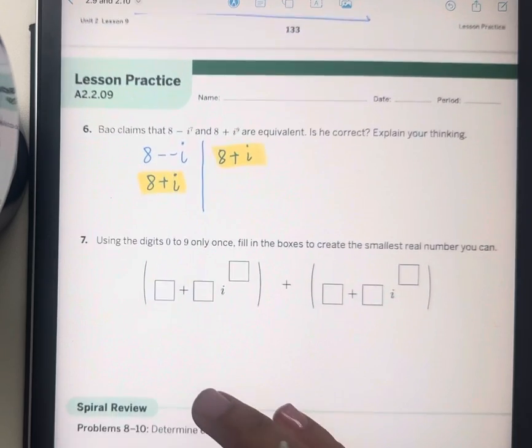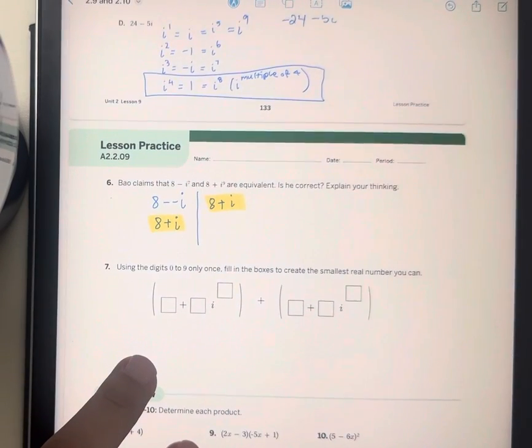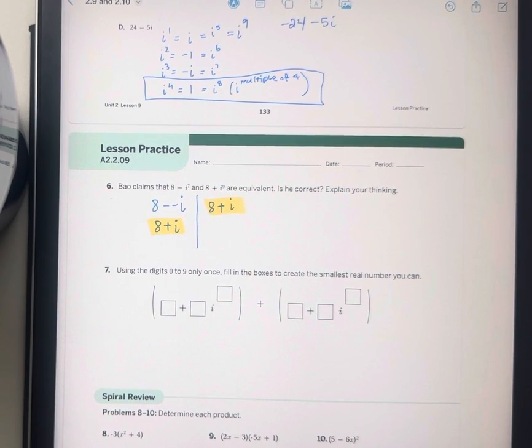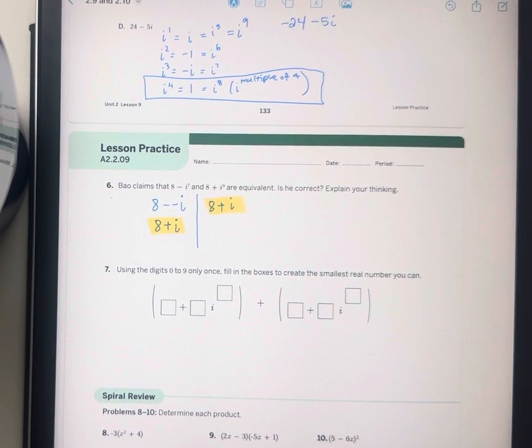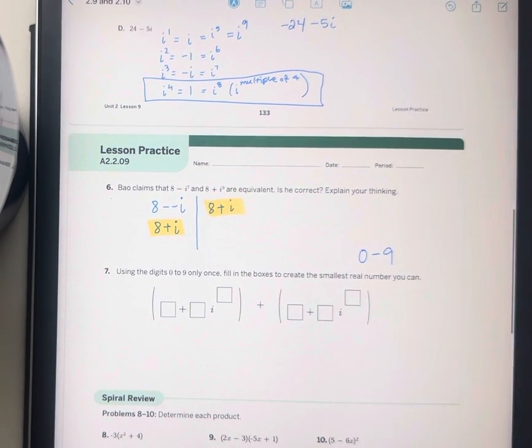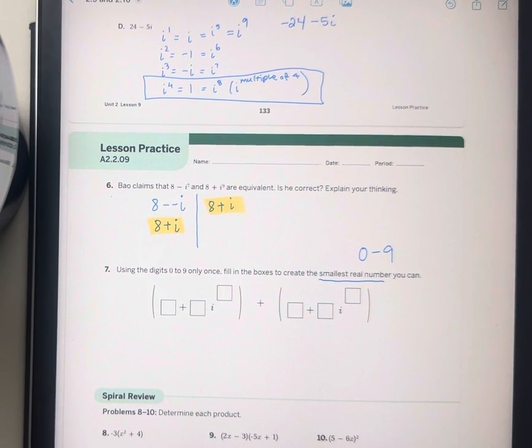Okay. You guys, number 7 is an interesting question. It's a good one. It's not one I want you to lose sleep over. All right? But to go over it real quick, they want us to use the digits from 0 to 9, each only once, to create the smallest real number that I can.